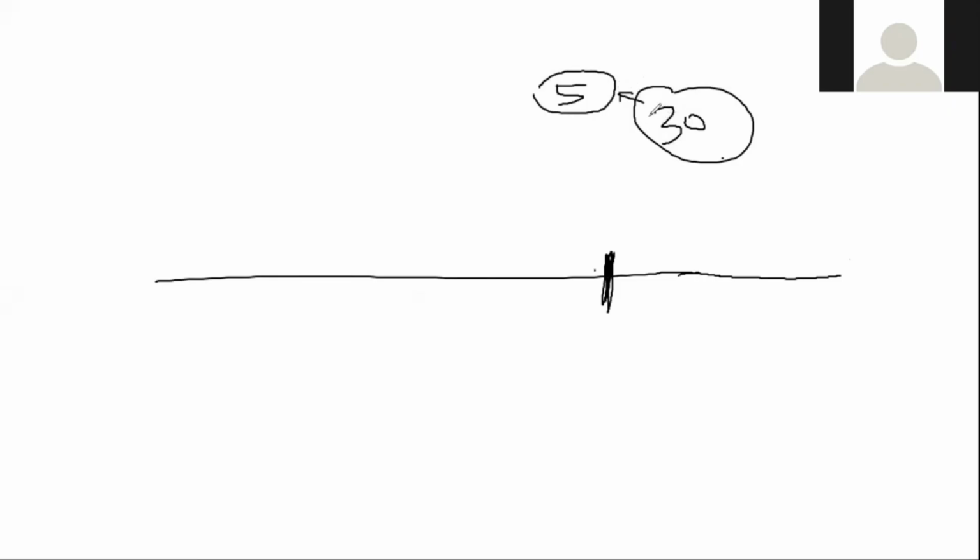In the second case, I am taking 10 members as the sample. Can you guess where the 5-sample estimate will be and the 10-sample estimate? This is the actual value.